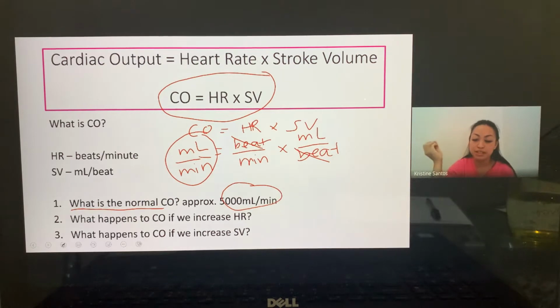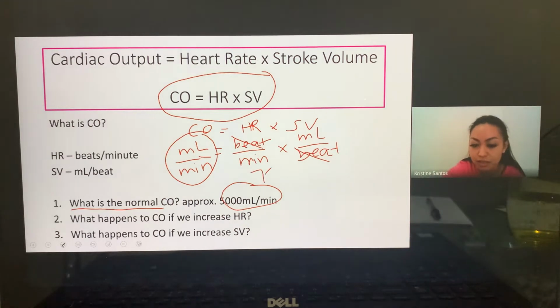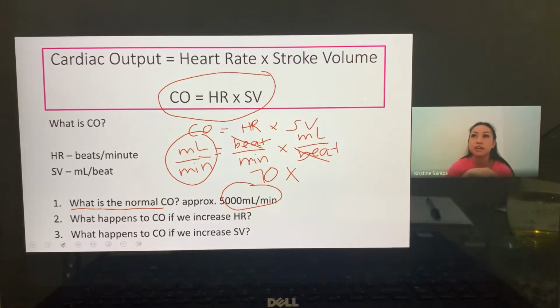So where does this number actually come from? Let's use this equation as an example. I'm just going to write it below. Typically the heart rate of an adult is 60 to 100, correct? So let's use 70 as our example, 70 beats per minute. And typically our stroke volume is around 70 mils per beat.